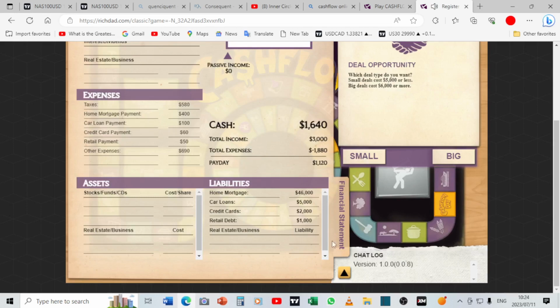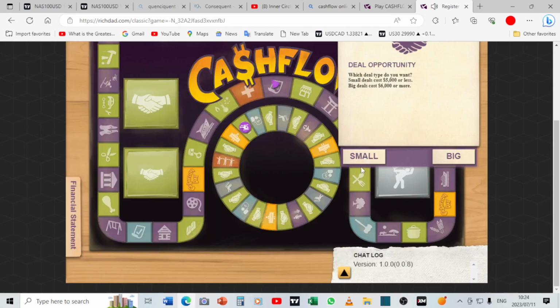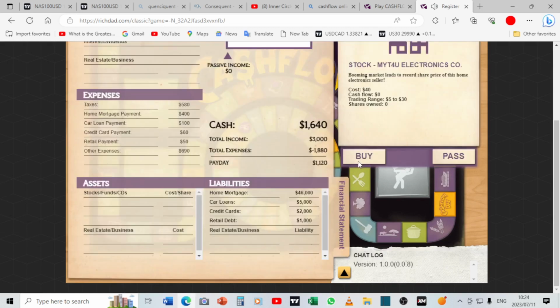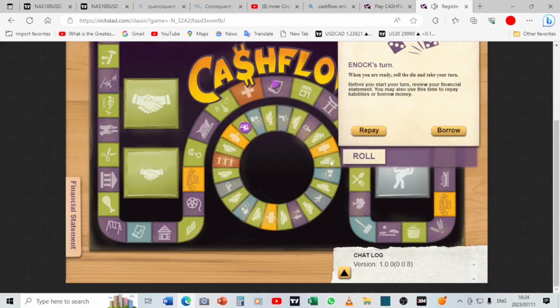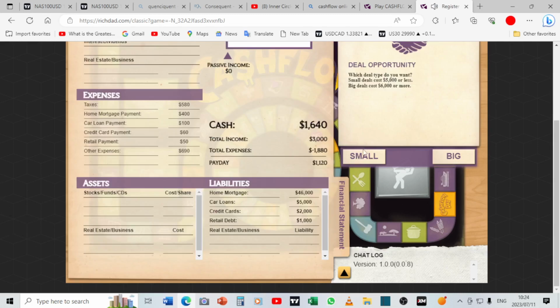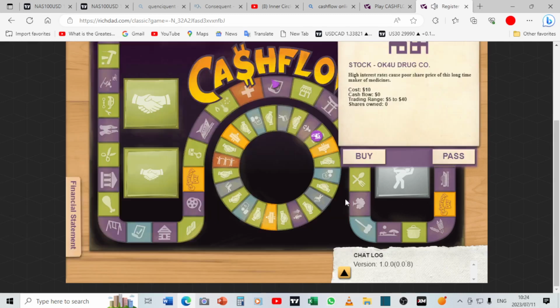You got paid. So we'll keep on taking small deals. We don't want to overload ourselves. Shares owned 0, cash flow 0. So then we'll keep on taking small deals.